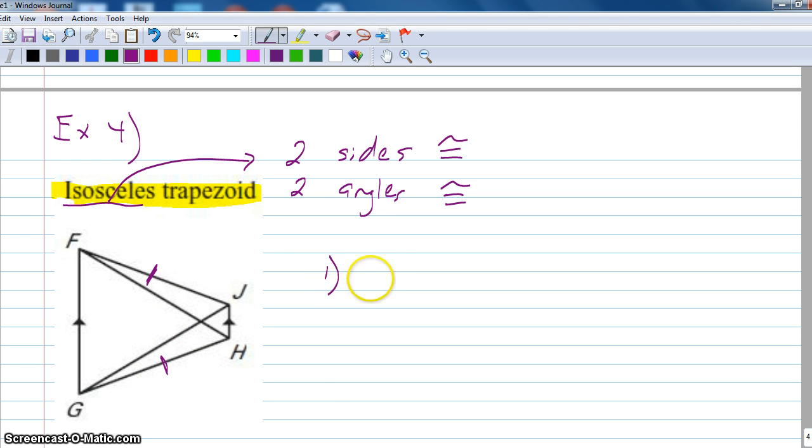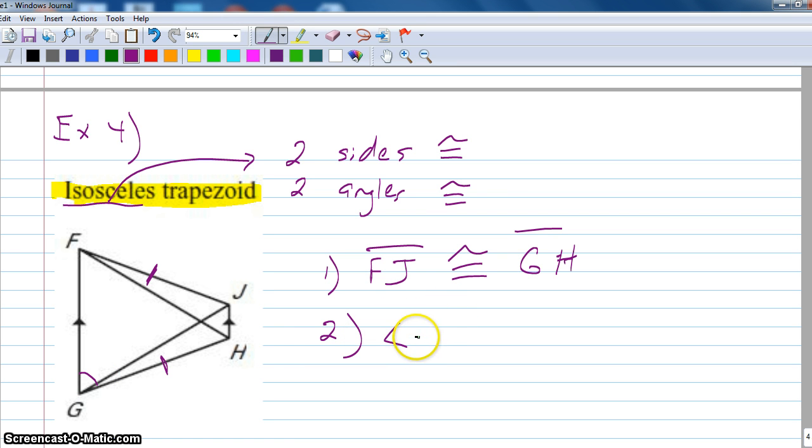So 1. FJ is congruent to GH. 2. Remember, this side belongs to this angle over here. So angle G, that's too low of a name, so let's call it FGH.